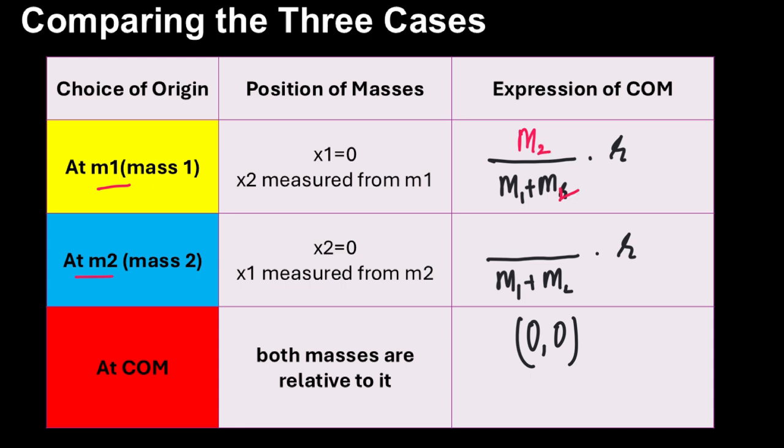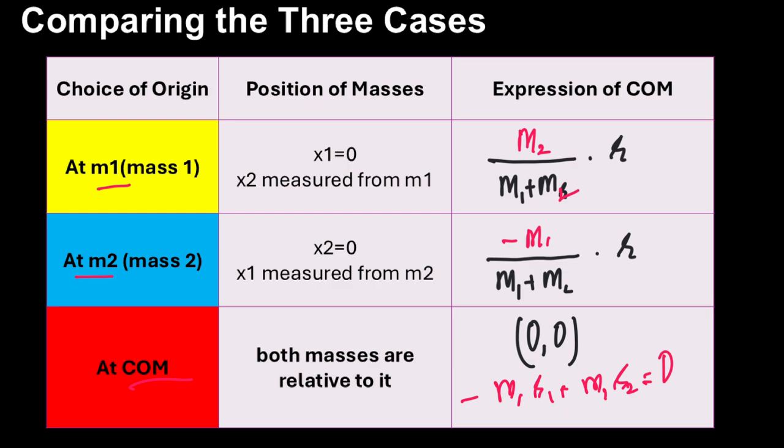When the origin is chosen to be m2, then x bar is m1 into r divided by m1 plus m2. And when it is the center of mass, then we know that x bar comma y bar is equal to 0 comma 0, and therefore m1 r1 plus m2 r2 is equal to 0.